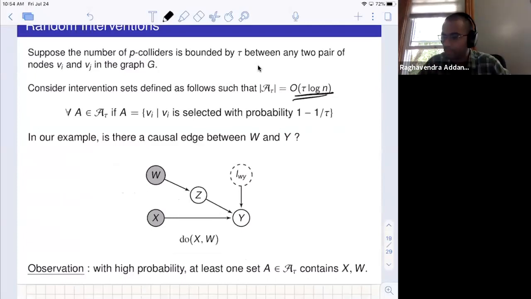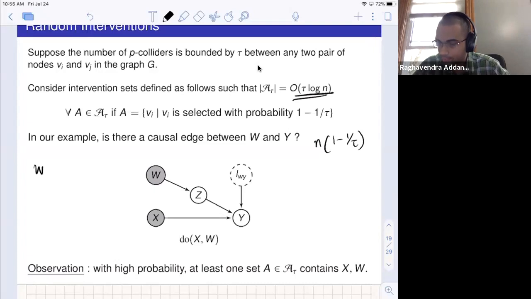Each of them has expected n times (1 minus 1 by tau) variables. These tau log n sets of interventions will be such that with high probability, between any two pairs of nodes, at least one of them will contain all the P colliders between them. Suppose we wish to say whether W is a parent of Y or not, then between W and Y, all the P colliders between them, denoted by P_WY, along with W, are included in at least one of them.